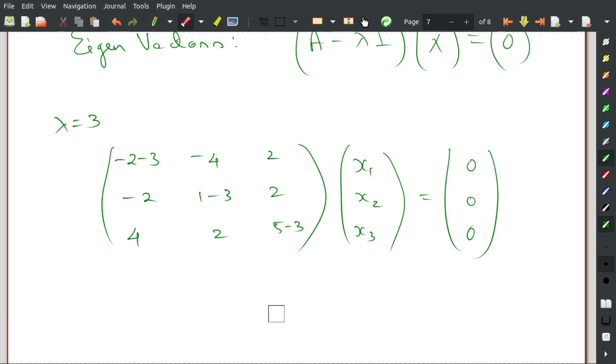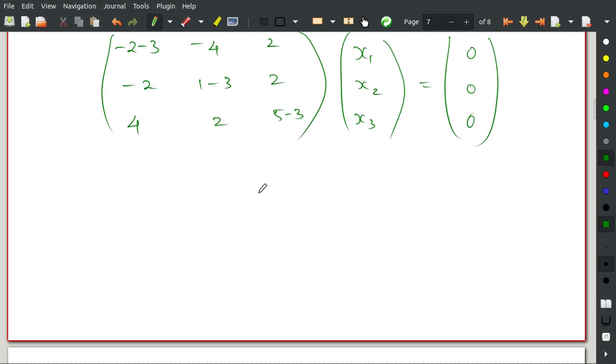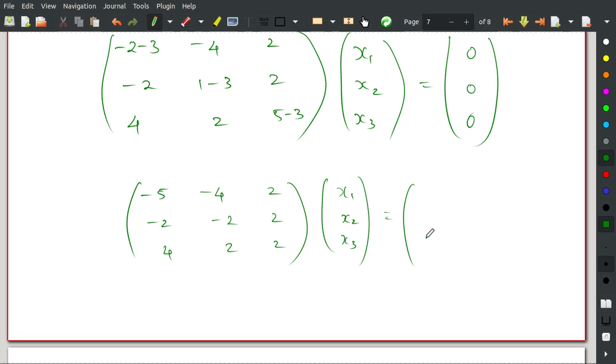So let's try to solve this matrix equation. If we simplify this, we have the matrix with rows minus 5, minus 4, 2; minus 2, minus 2, 2; and 4, 2, 2, times x1 x2 x3 equals the 0 vector.